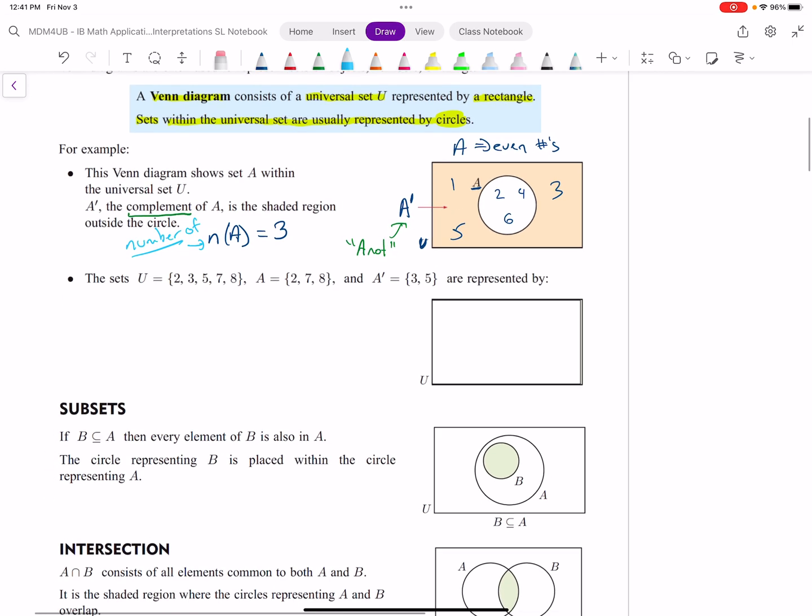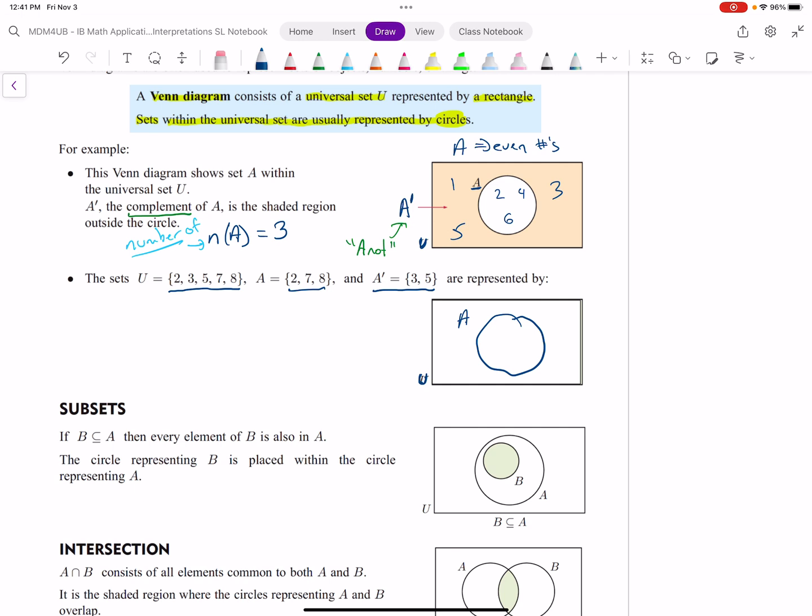So let's say we had this situation where the set U, which is represented by these numbers, A, and A prime would be these. And so we can draw a Venn diagram to represent this. So let's say we've got A, draw a circle. Here's U, my universal set. And everything else would be A prime.